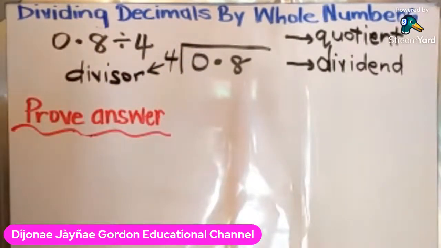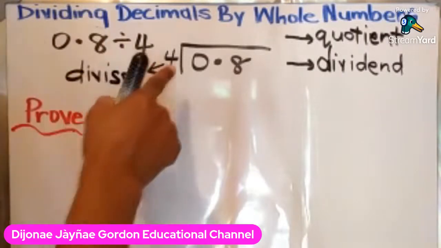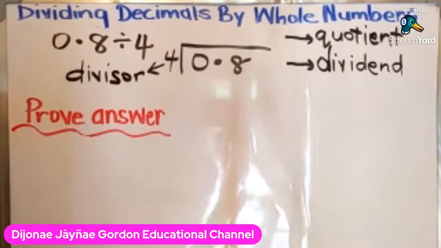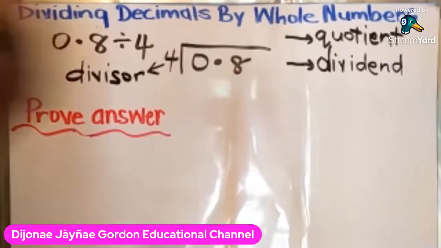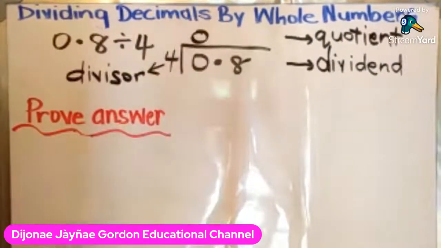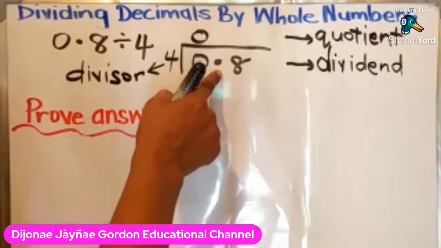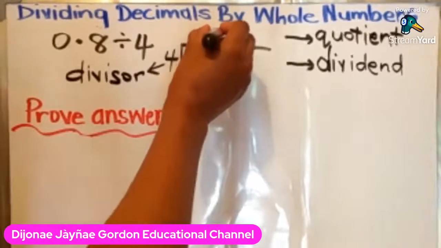So let's work the problem out. How many groups of 4s can you get from 0? We definitely can't get a group of 4 from 0, so we're going to put a 0 right there to say we can't. Look to see what is next in line. And of course, we have a decimal place. We're going to put it right back.